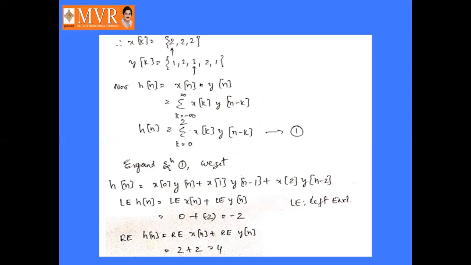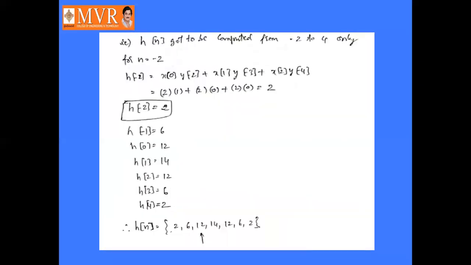So 0 plus minus 2 is minus 2. The right hand of h of n is the right hand of x of n plus the right hand of y of n. The right hand of x of n is x of 2, and the right hand of y of n is also 2. 2 plus 2 is 4. Okay. So h of n has to be computed from minus 2 to 4.